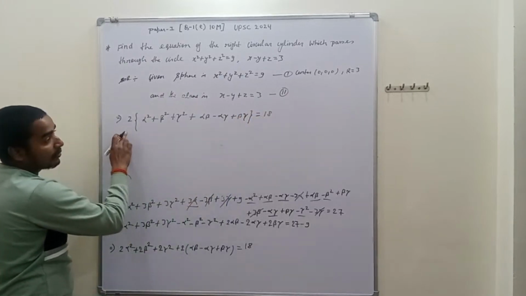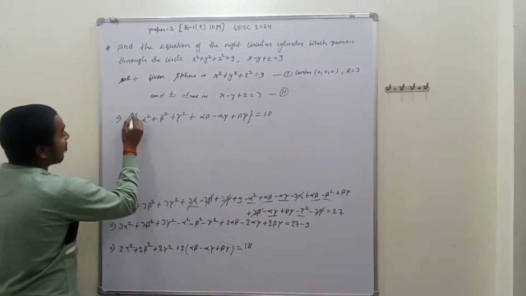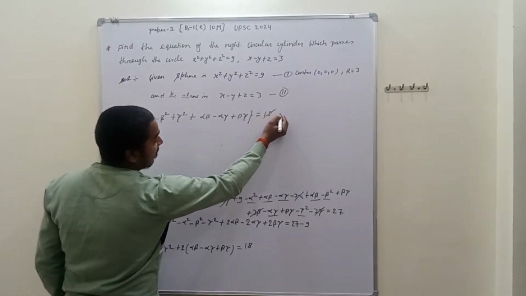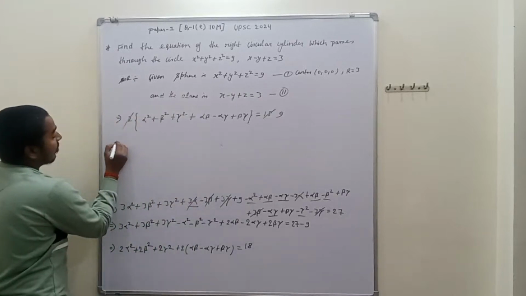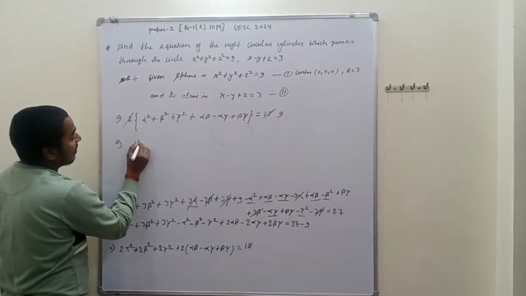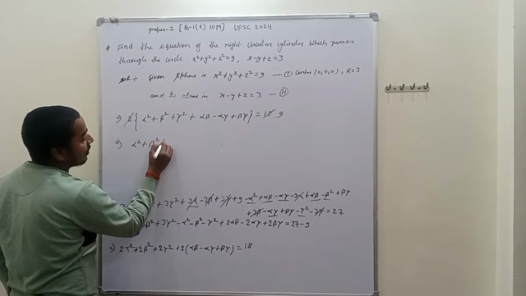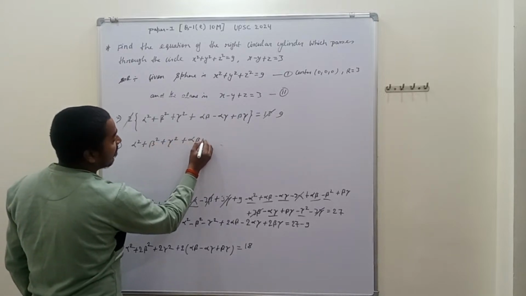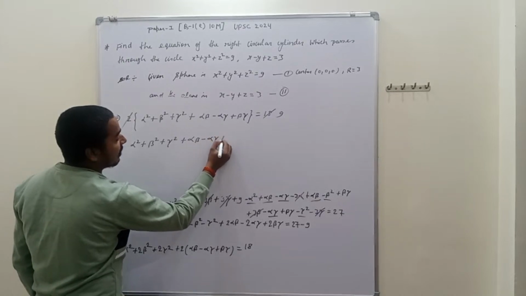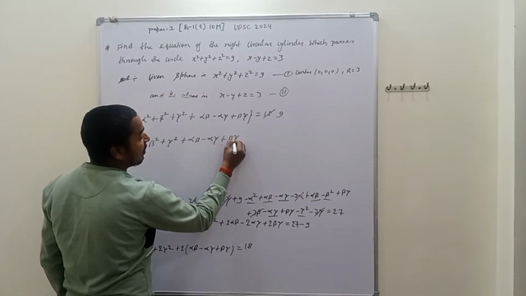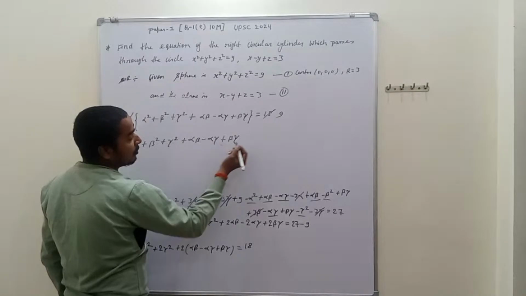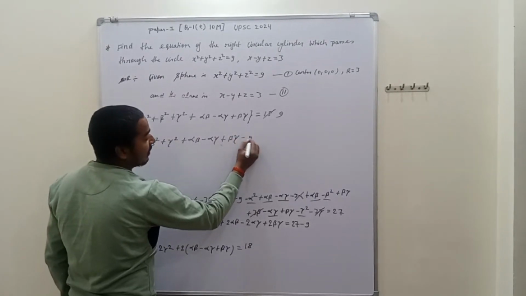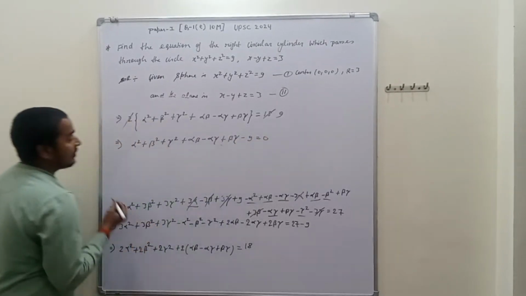And 2 is taken into the denominator of 18, and we directly cancel out, 2 nines are 18. We can also write alpha square plus beta square plus gamma square plus alpha beta minus alpha gamma plus beta gamma, and 9 is taken to the left hand side, that is minus 9, is equal to 0.